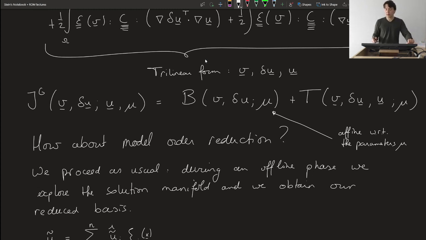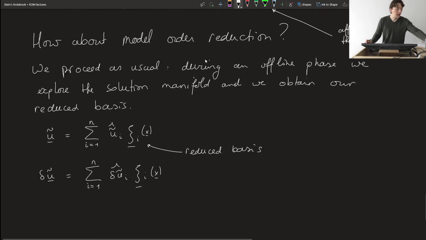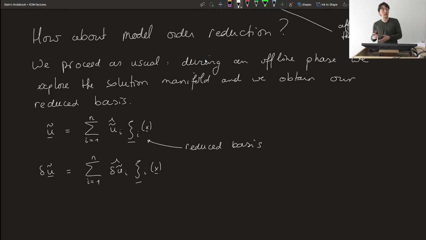Now secondly, we'll assume that this trilinear form also satisfies affine decomposability. And again, if it does not, then we would use a discrete empirical interpolation method to force it to satisfy that.